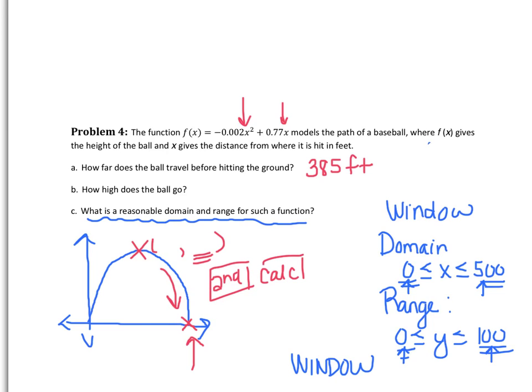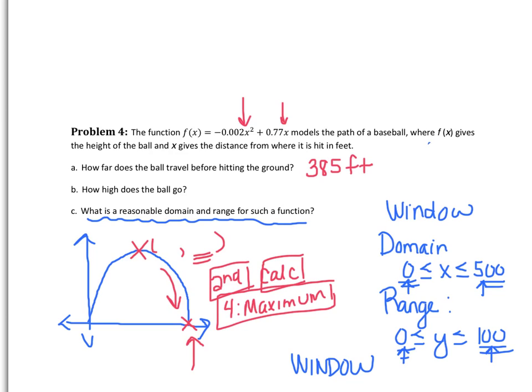Did we do the calculator for that? I don't remember. We did not. So you're going to go to second calc, and this time you want to pick number 4, maximum. And so select the number 4 option, and this is actually pretty easy. You just go down, select 4, and I don't even really care about left bound, right bound here. I just hit enter through until it actually gives me my value.